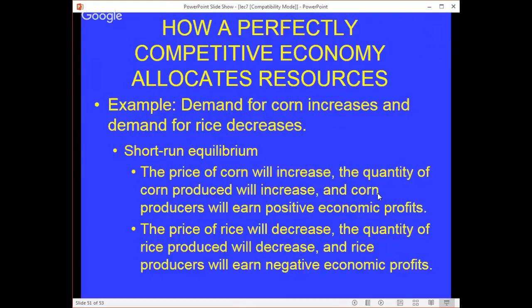So initially, what we have is an increase in price and an increase in quantity. For rice, on the other hand, demand will decrease from D to D prime.